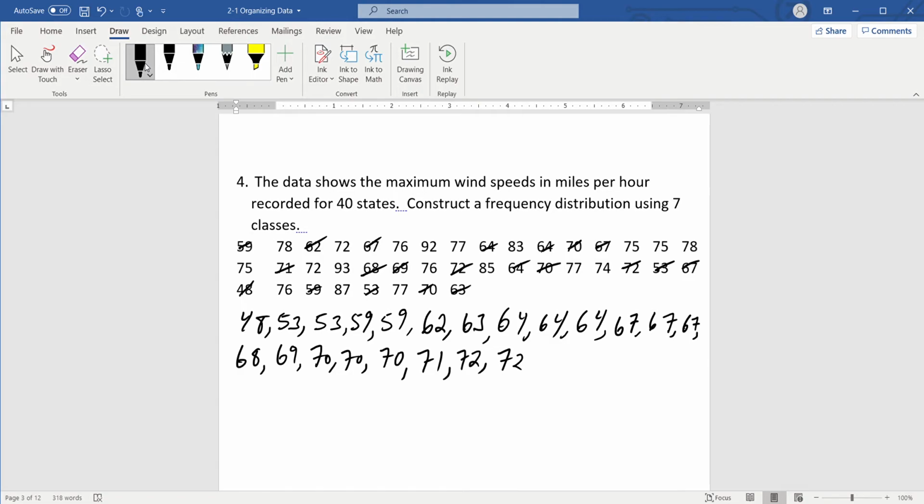So I have two 72s crossed out. Let me double check those. That's one of them. Two of them, and yes, I've been eyeballing this one, the third one.